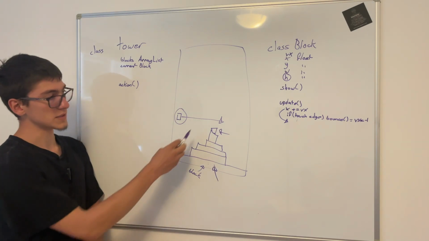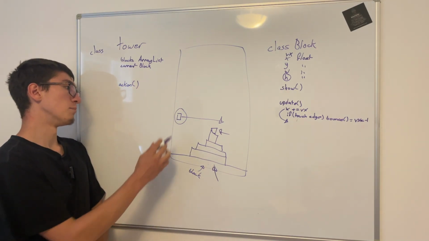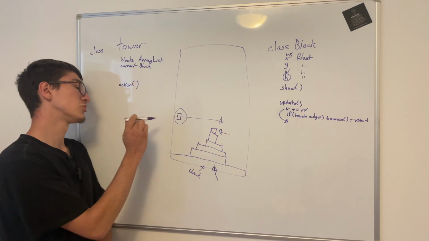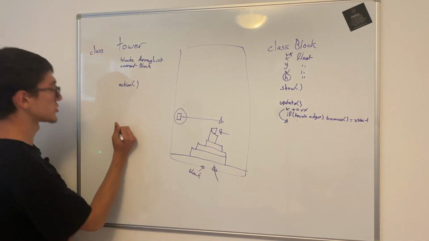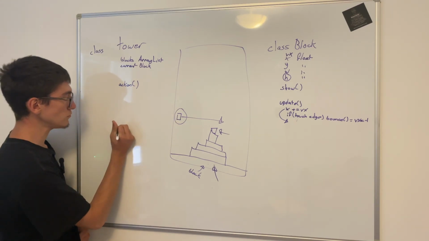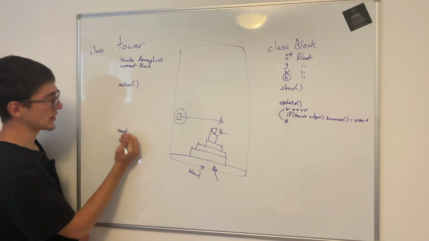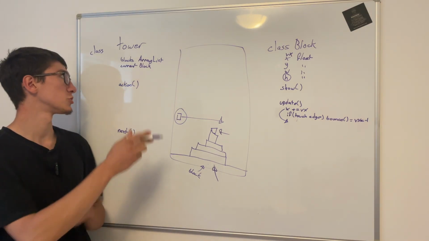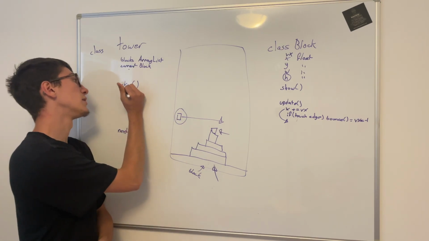Then it needs to move that block into the list of blocks, and it also needs to create a new current block. So we'll need some kind of function to create a new one. Let's call it next. Maybe not the best name, but next should create a new current block.